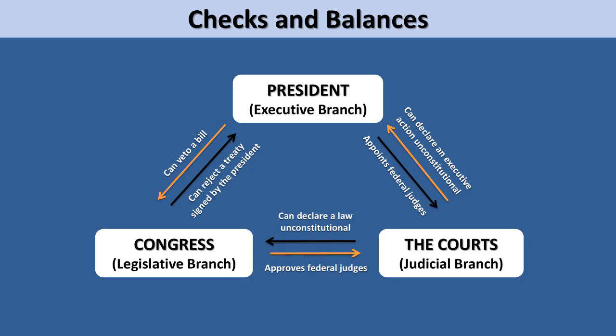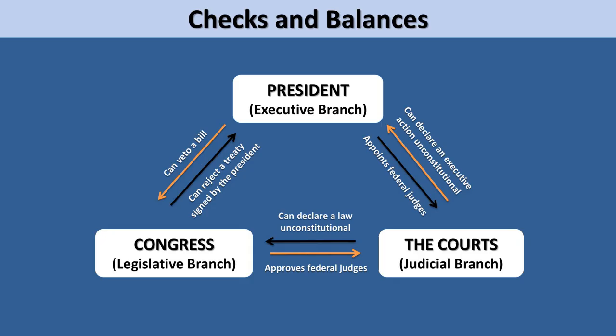We've already mentioned how the Supreme Court can check Congress by declaring a law unconstitutional. The executive branch also has ways it can check Congress, and Congress has ways it can check the other two branches. For example, when Congress makes a proposal for a new law, the president can check Congress by vetoing, or saying no to, the proposal.